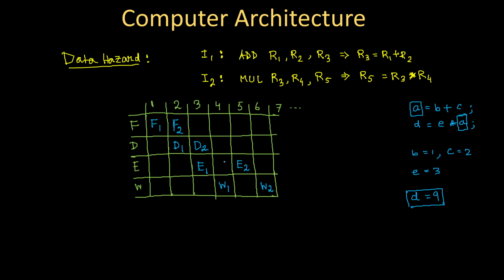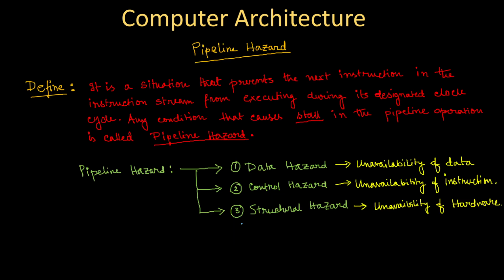So if you see, we have something that we call, as we have seen in a previous case, a bubble, or also we can say it's basically a stall, and that is why we say that we have a data hazard. And what does this unavailability of data mean?